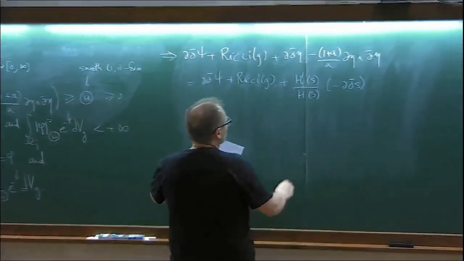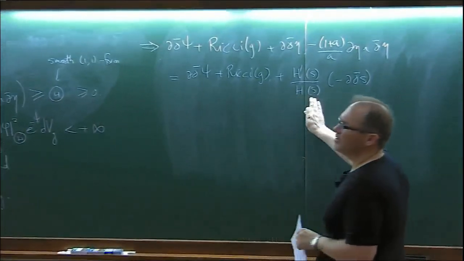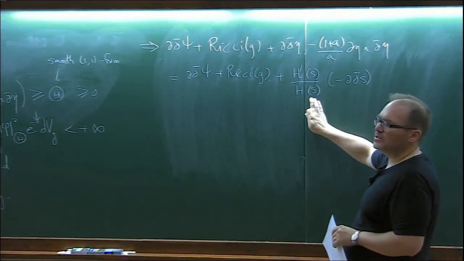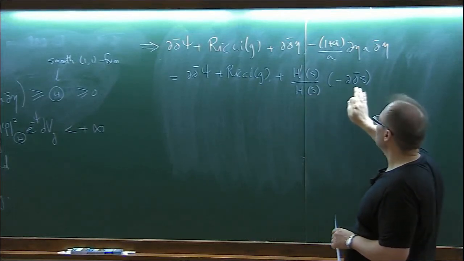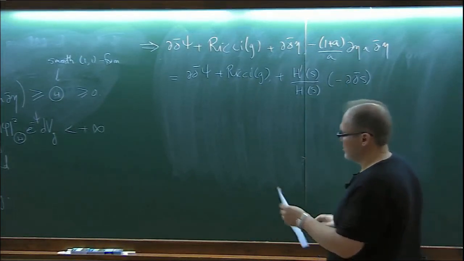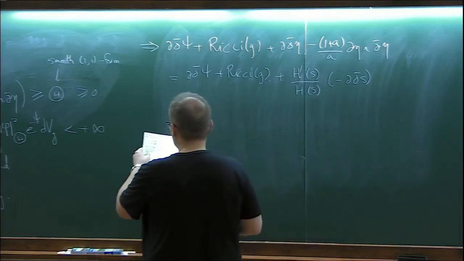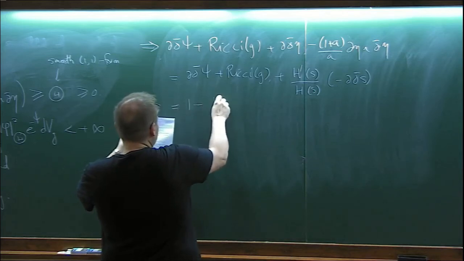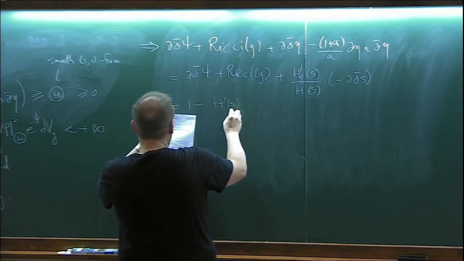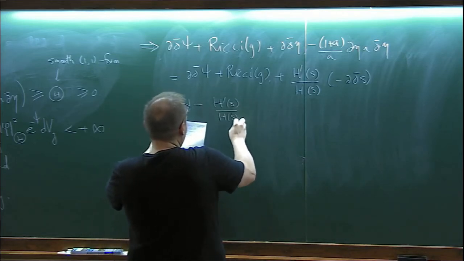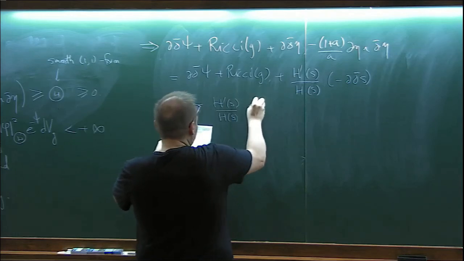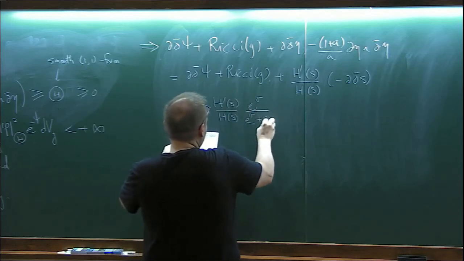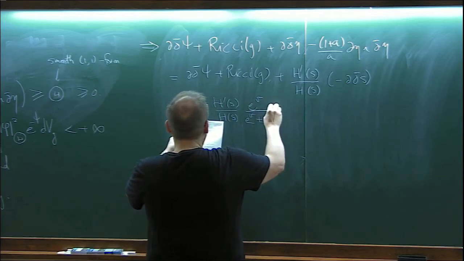But then I'm also going to, so this term here, it's positive, but you have to be a little careful because, well, let me just write it down. You can confirm this is just algebra. So this is going to equal 1 minus h prime of s over h of s e to the v over e to the v plus epsilon squared.